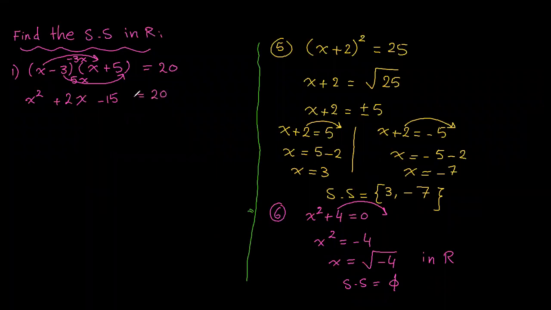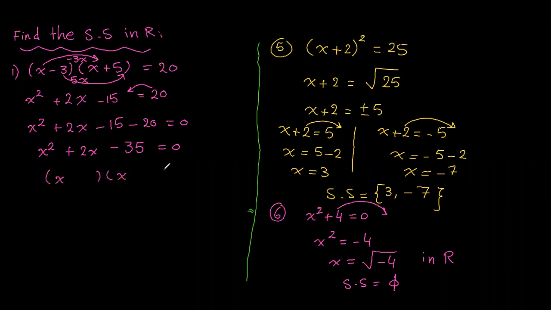We want to make the form of this equation by moving 20 to the other side: x^2 + 2x - 15 - 20 = 0. So x^2 + 2x - 35 = 0. By factorizing, (x )(x ) = 0.